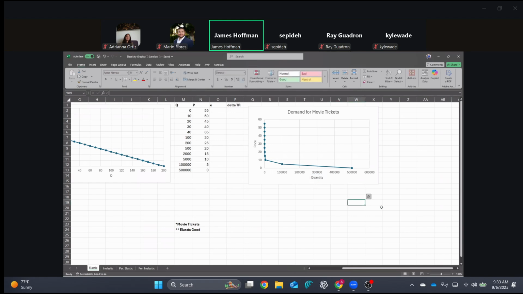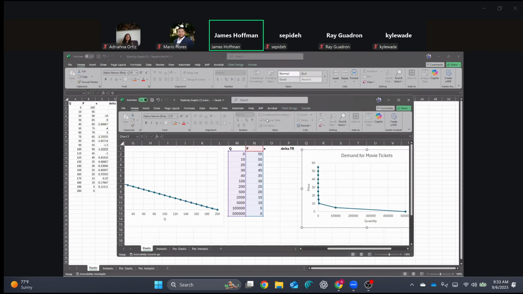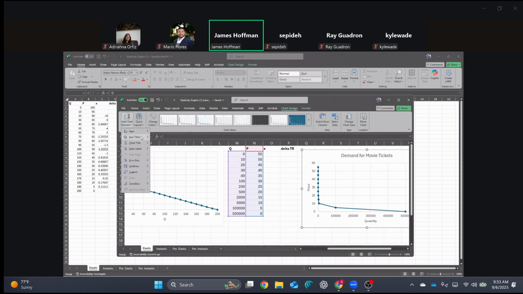There should be an option to do that on Apple too. I think it's chart design, add chart element, and then axes titles. If you click on it, it should let you do it.